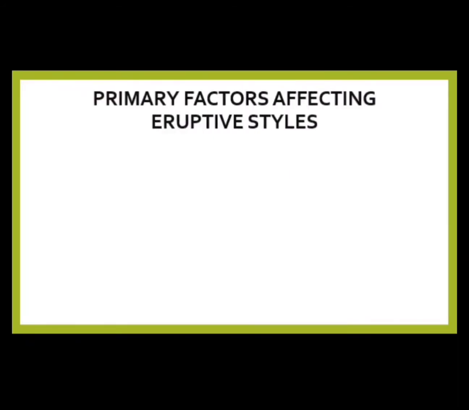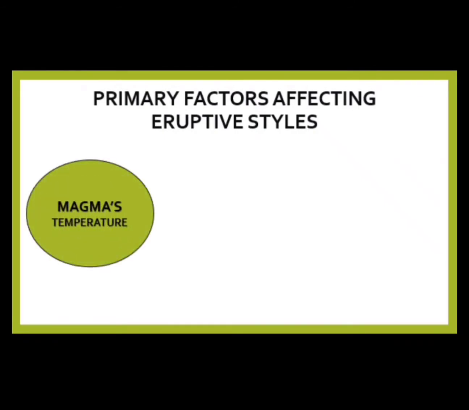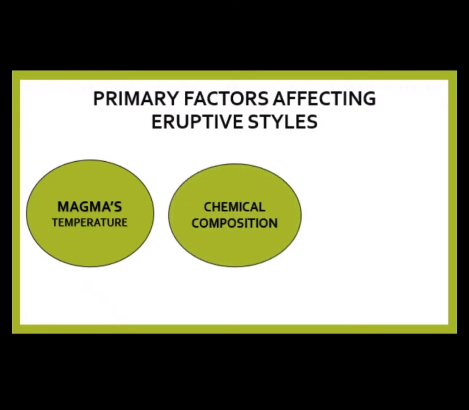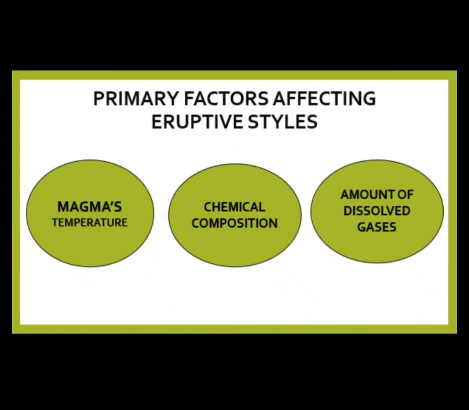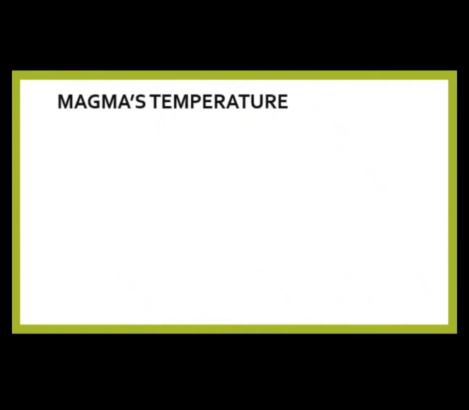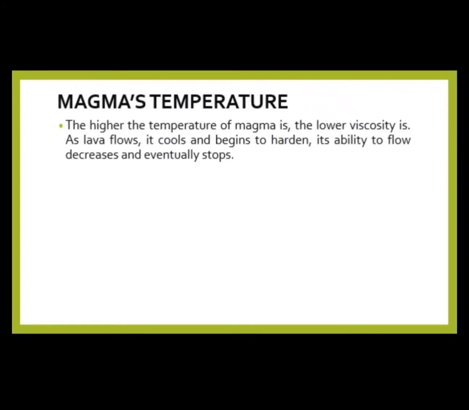What determines the nature of eruption? There are different factors affecting eruptive styles. These factors can affect the magma's viscosity in different ways: magma's temperature, chemical composition, and amount of dissolved gases. Magma's temperature. The higher the temperature of magma, the lower the viscosity.